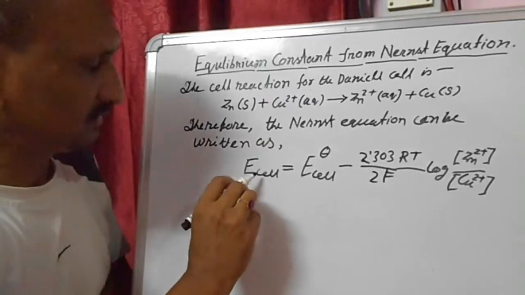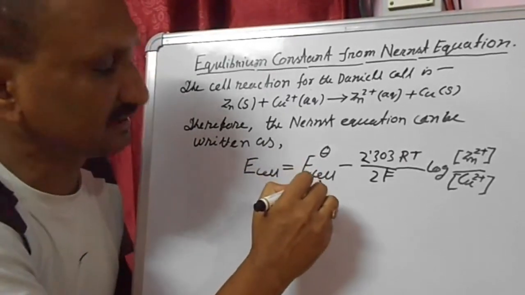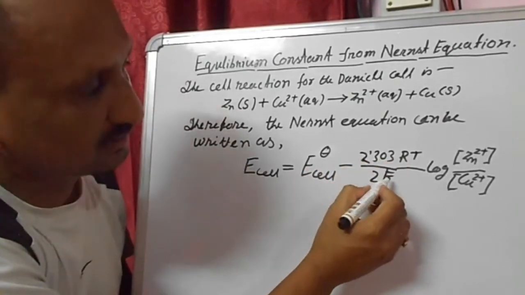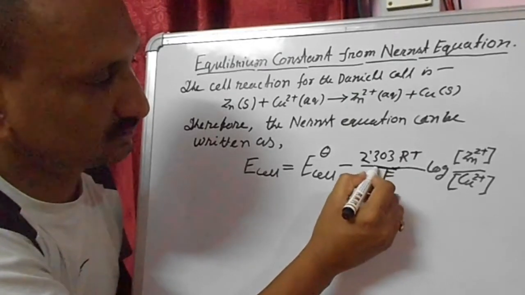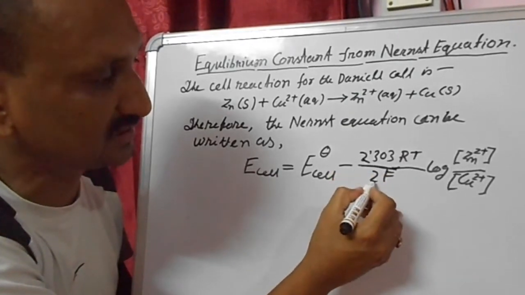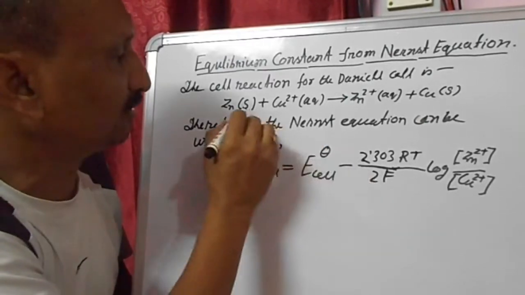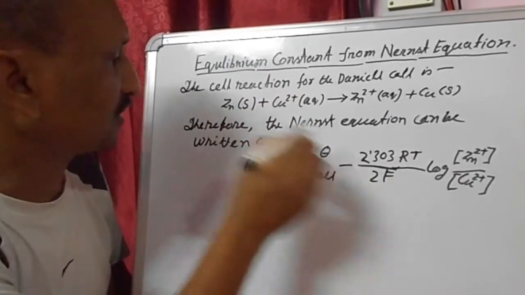So E cell, that is at any concentration, is equal to standard E cell minus 2.303 RT by 2F. Here this 2 is the n, the number of moles of electrons involved in this reaction. In this reaction 2 moles of electrons are involved.